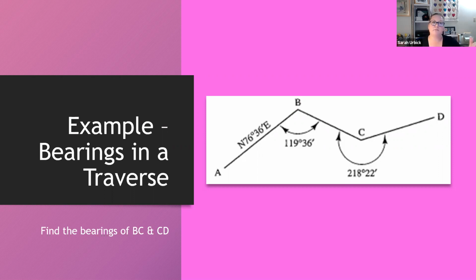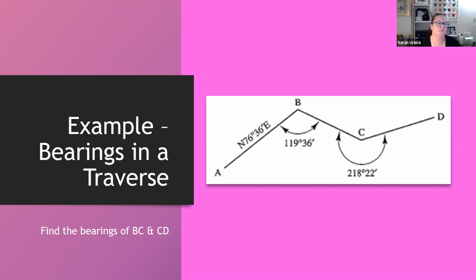We have another measured angle, from C to B, going left back to C and D. So we've got these two angles. We need to figure out the actual bearings so we can describe this to somebody, so we can hand this information off to somebody else.